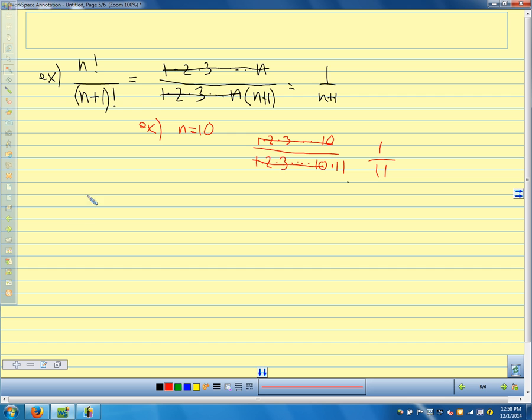All right, let's look at one more. It's a little trickier. How about n plus 1 factorial over n minus 1 factorial?